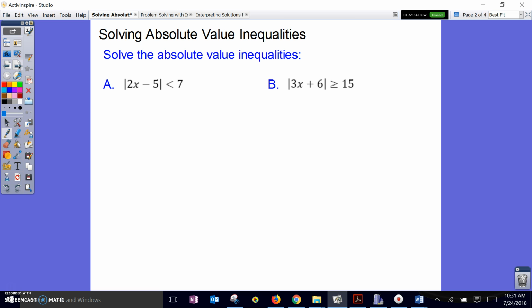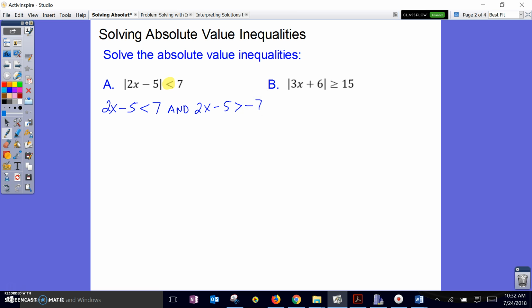All right, absolute value of 2x minus 5 is less than 7. This is going to be an AND inequality because of the direction of the inequality sign. And so first thing I'm going to do is get rid of the absolute value signs in the first inequality. And then when I write the second inequality, the one with the negative number, I'm going to flip the inequality sign.